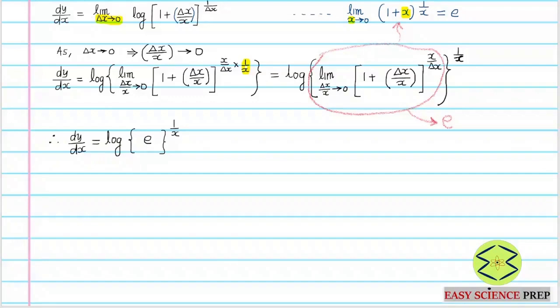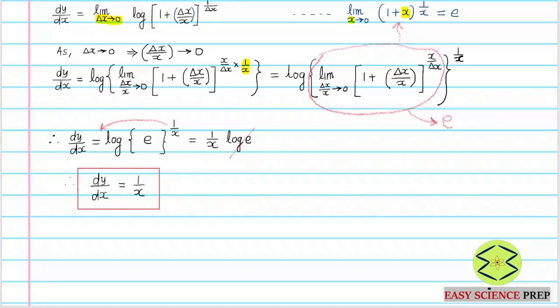Now as we did earlier, this part can be taken out as a coefficient, so you will get 1 over x log of e, and we know that natural log of e is 1, so the final answer is going to be 1 over x.